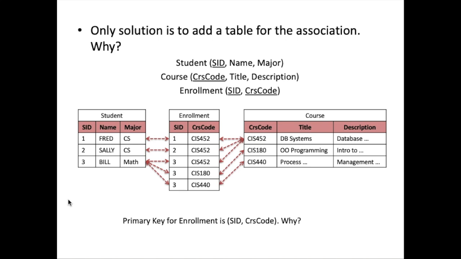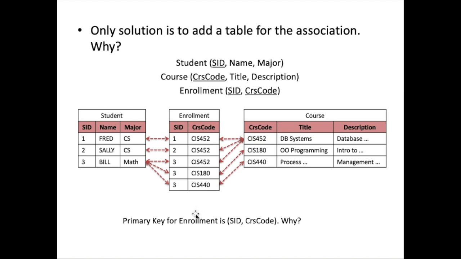But what is unique is the combination of the two. We're never going to record in this table more than once that Fred is enrolled in CIS 452, or that a particular student is enrolled in a particular course.